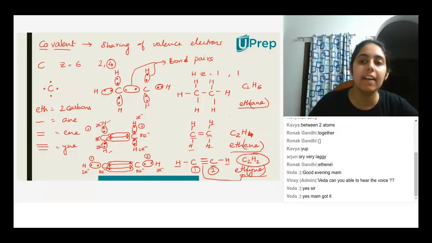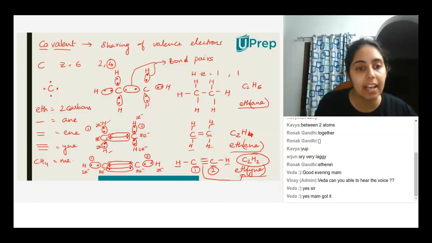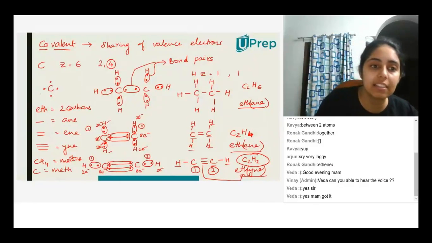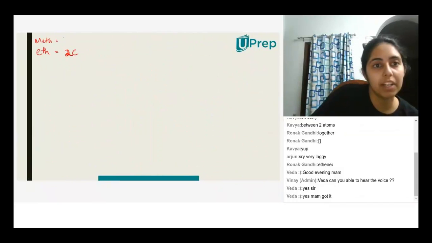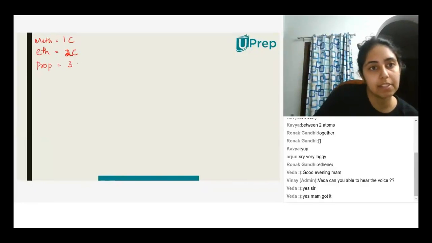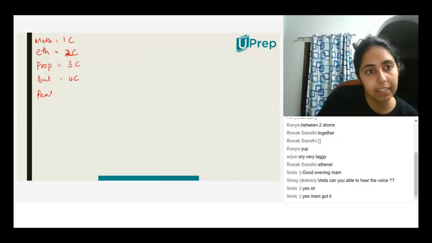So that is why when I say methane, CH4 is methane. 1 carbon is what I'm going to call meth. 2 carbons is eth. 3 carbons is prop. 4 carbons is but. Pent means 5 carbons.